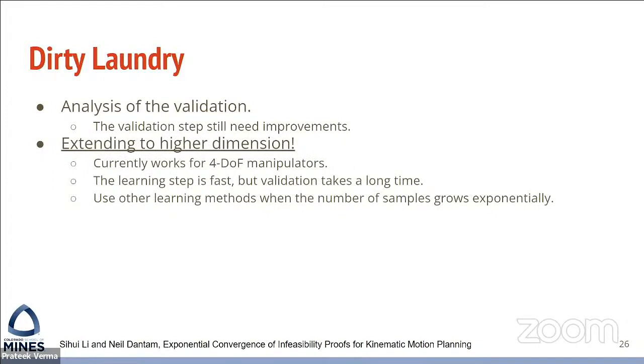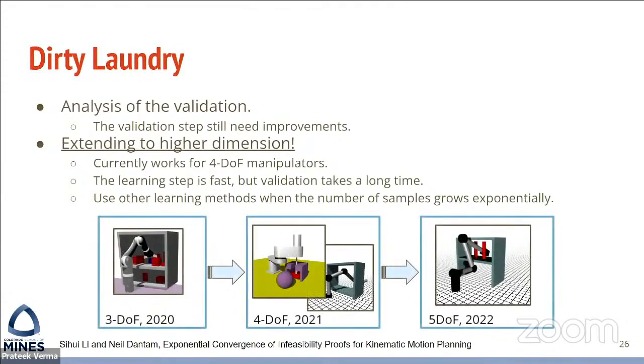The validation step takes a large majority of runtime in up to 4DOF manipulators. And along the years, we have gone from 3DOF to 4DOF and now partially to 5DOF. We think this framework could work for higher DOF manipulators, but it requires more engineering and algorithmic effort.